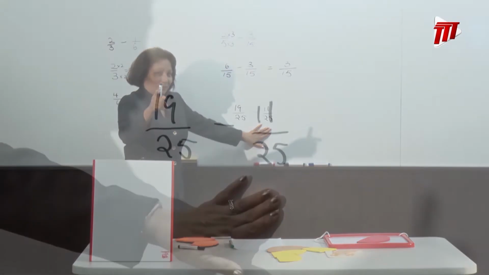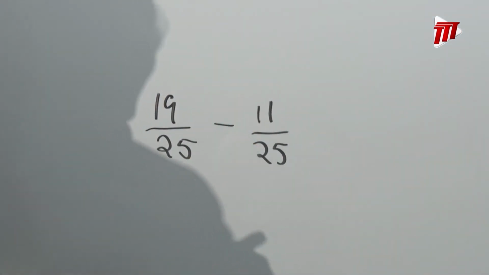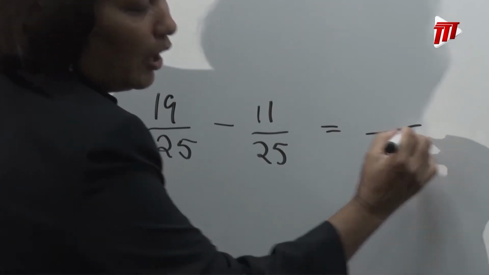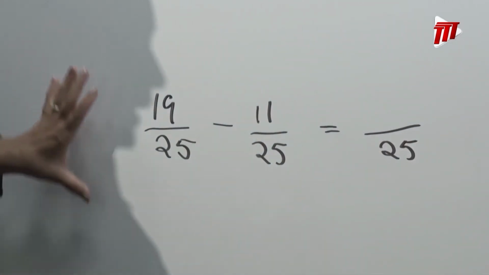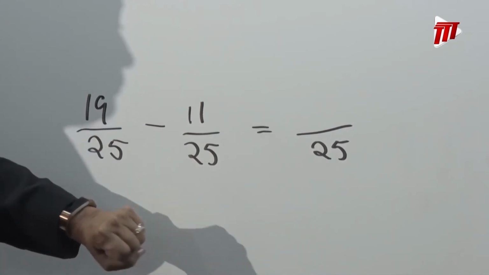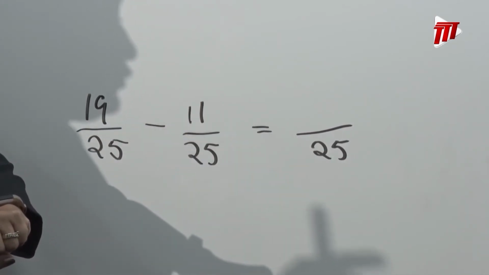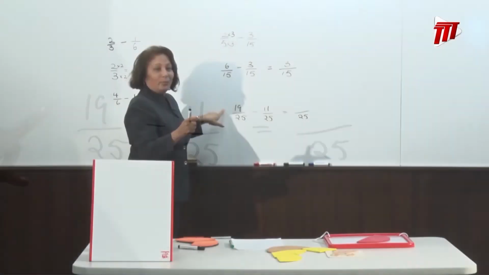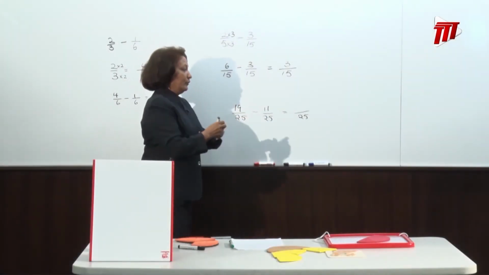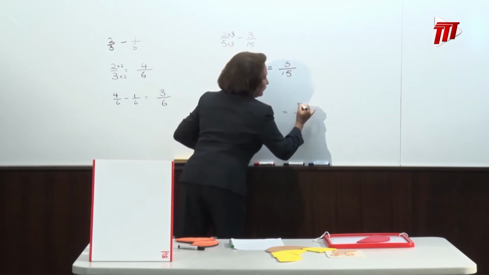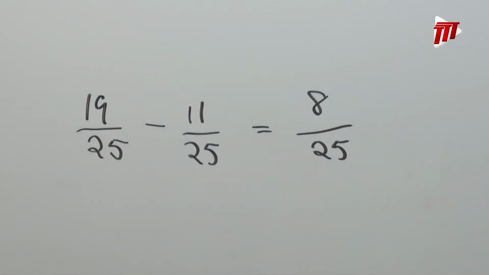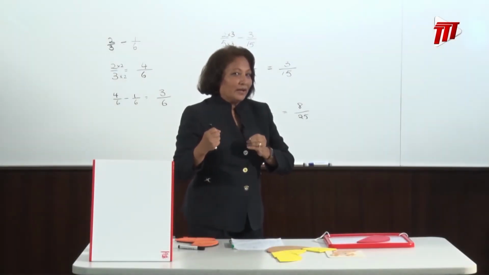So my answer would have 25 as well, because it would be some number of 25ths. I had 19 of them here, and I'm taking away 11 of them. Remember what we did with the numerator? We simply subtract. So 19 minus 11 would give me 8. So my answer would be 8/25. Do you think you get that?